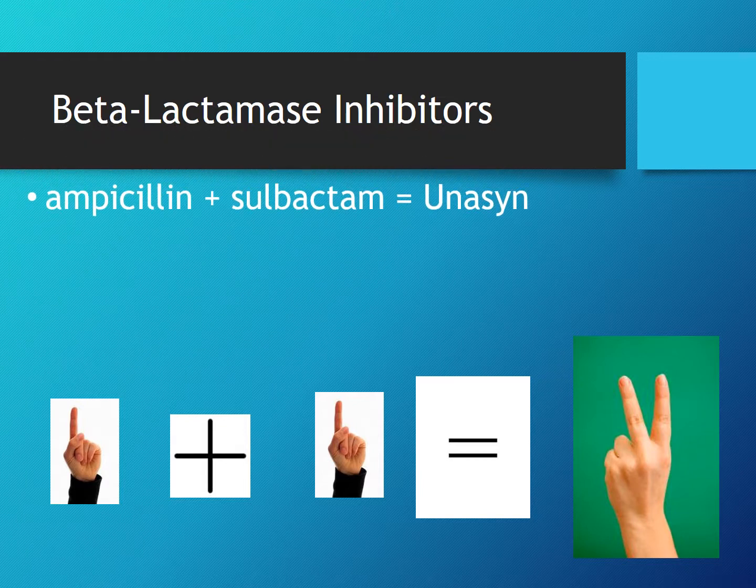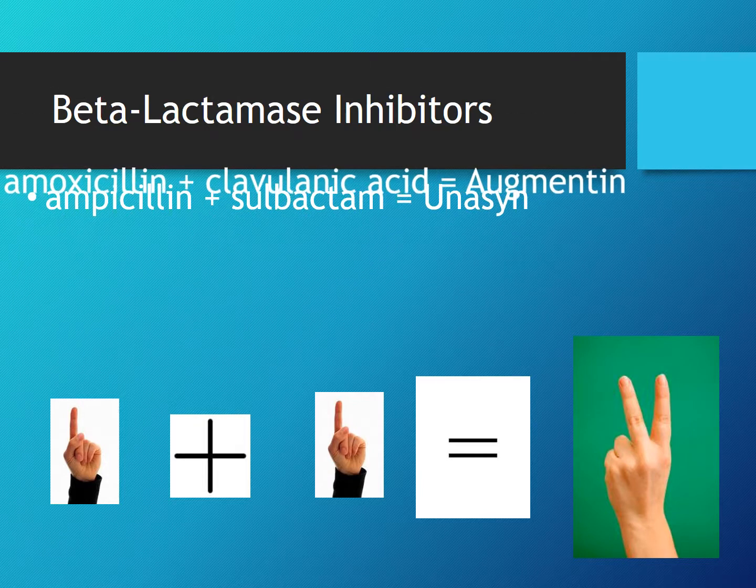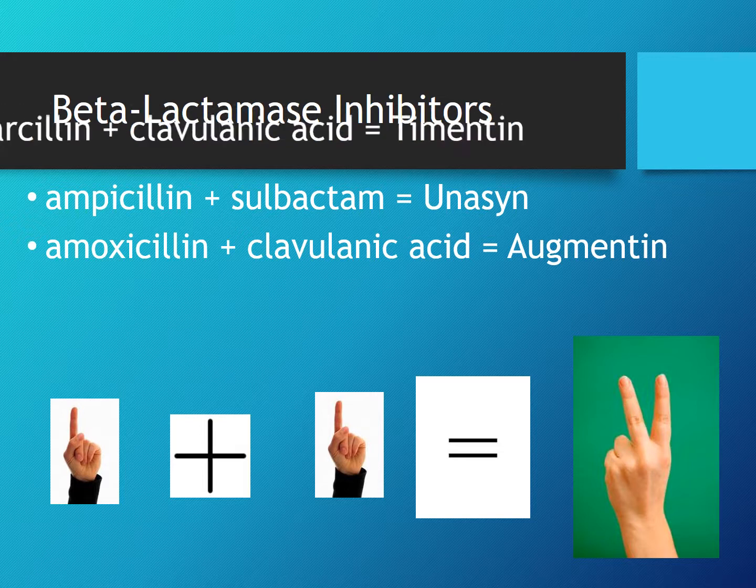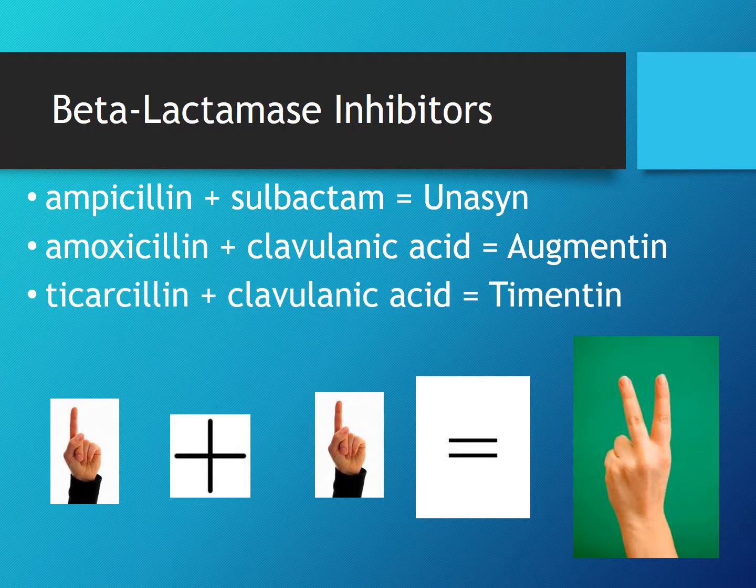So you have beta-lactamase inhibitors. They're going to prevent bacterial degradation of beta-lactam antibiotics and extend the range of bacteria that the drugs are going to be effective against. So, for example, you have ampicillin and sulbactam, which gets us Unasyn. Ampicillin plus clavulanic acid gets you Augmentin, and ticarcillin plus clavulanic acid is Timentin.